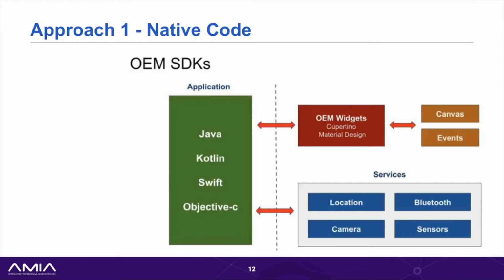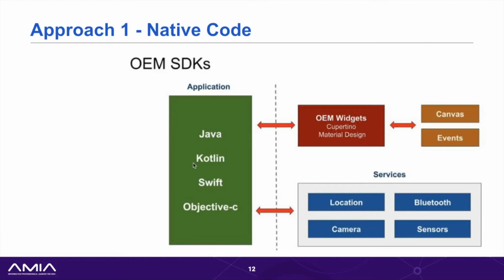The question is: is it better to make apps in the native language for Android and for iPhone, or is it better to use a single code platform so that you can manage both things together? If you're using the first approach with native code, in Android you're going to be programming either in Java or the newer Kotlin.